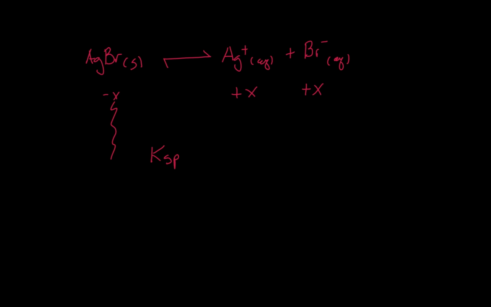From this, we're going to have KSP equal to X times X, so we get X squared. And in this case, we have a value for KSP as opposed to X, so we're going to solve for X instead. We take the square root of both sides, making X equal to the square root of KSP.